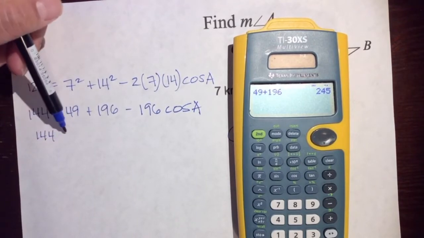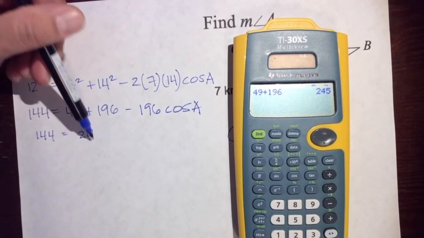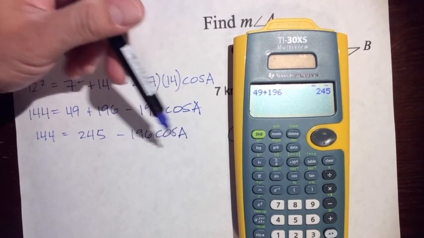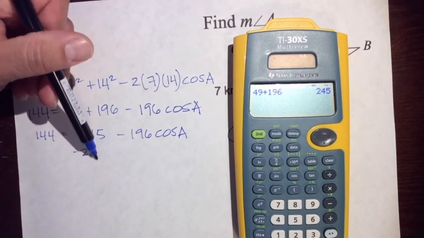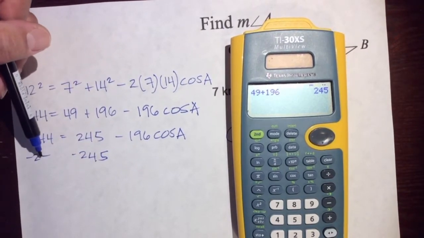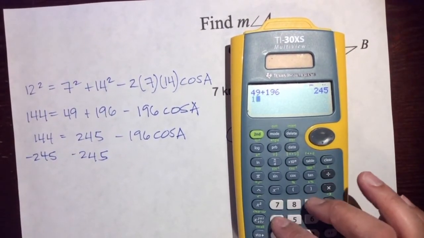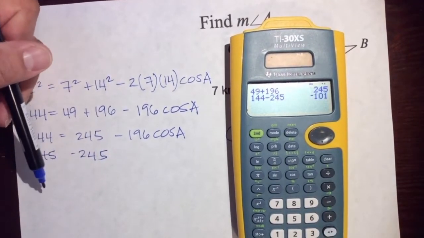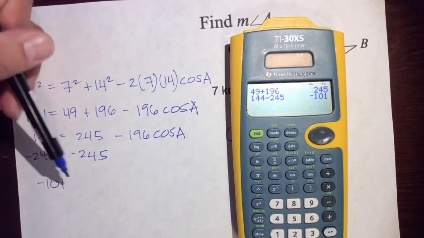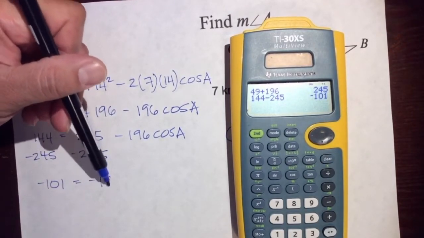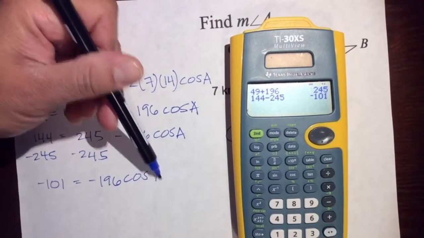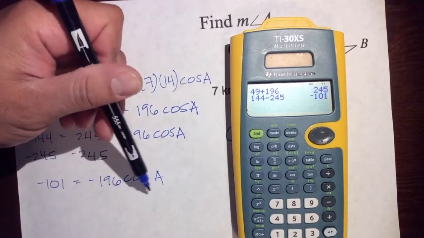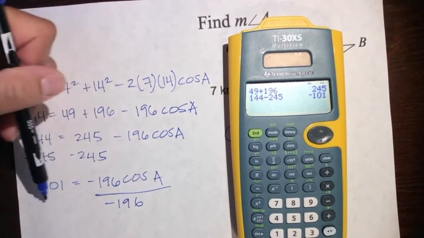So we have 144 is equal to 245 minus 196 cosine of A. We're going to subtract 245 from both sides. And 144 minus 245 is negative 101. Negative 101 is equal to negative 196 cosine of A. Okay, and then we're going to divide both sides by negative 196.